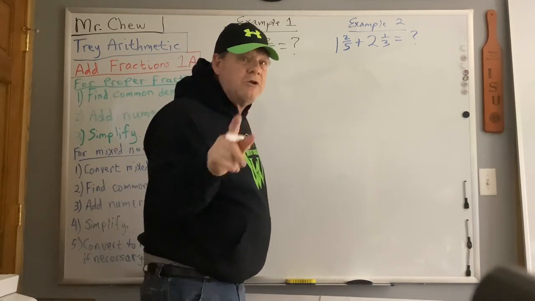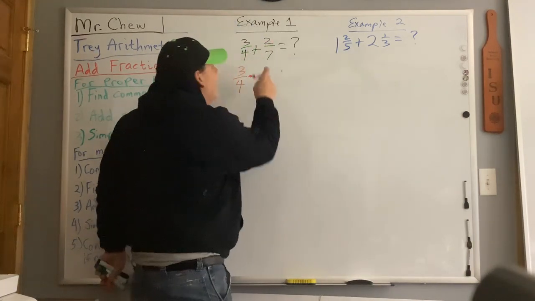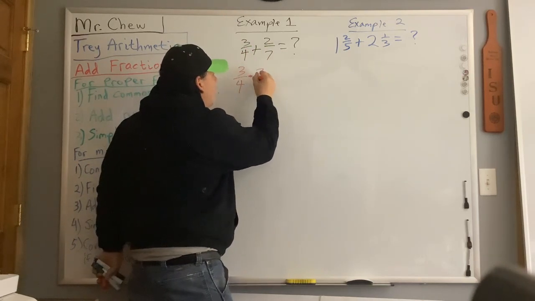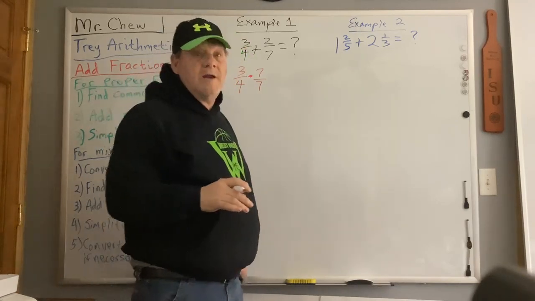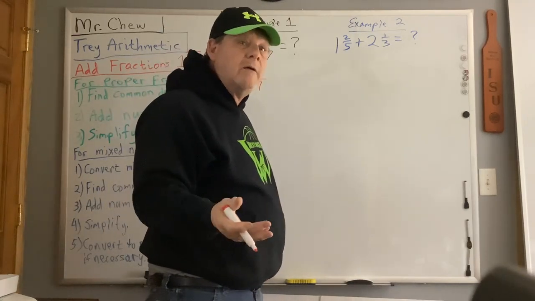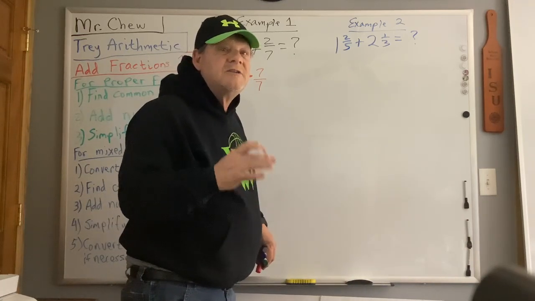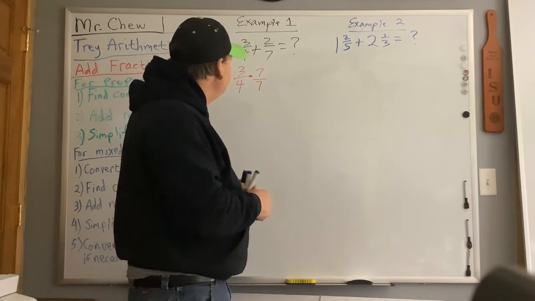The easiest way to do this, and I'll show you a shortcut method, is to just take this denominator over itself. Why? I call this a special 1 because 7 over 7 is 1. And when you multiply 3/4 by 1, you get the same number as what you started with, the same fraction.